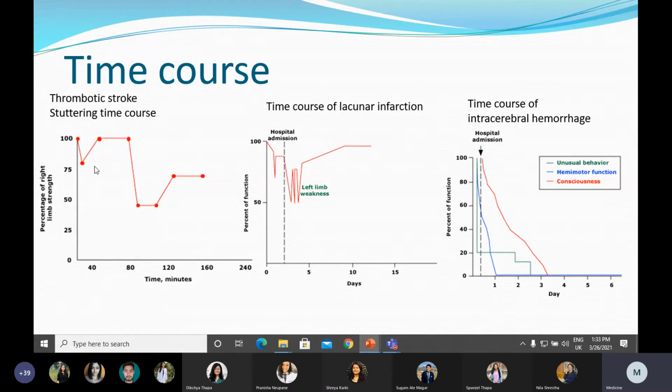So this is a recurrent TIA, maybe a TIA or maybe a stroke itself, but it can have a stuttering time course like this. But in a hemorrhage, the patient may show unusual behaviors initially, then there may be a weakness which gradually increases, and the conscious level also gradually deteriorates.